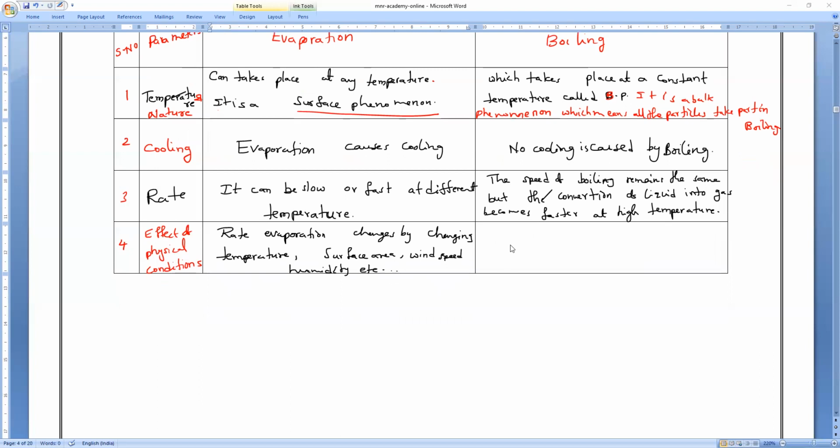But if you take boiling, it does not depend on external factors. Only heat it will depend. Understand, guys? It does not change with the change in external temperature, surface area, and wind speed.